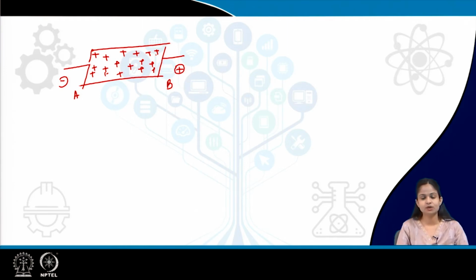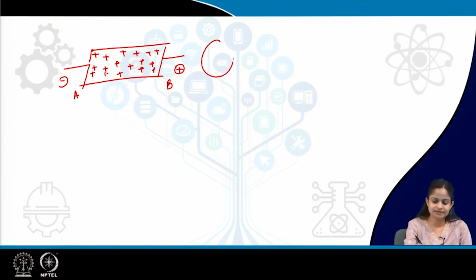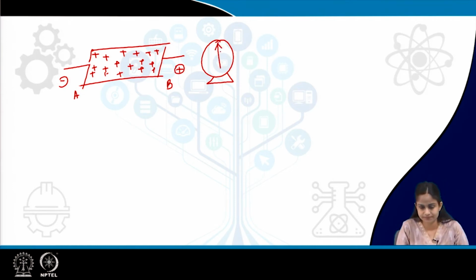That means this myocardial cell is completely depolarized, which means from A to B again there is no net flow of charges. This is the same situation as during the resting membrane potential. The only difference was there was electronegativity inside and here it is electropositivity. So, when the cell gets completely depolarized and there is no net flow of charges, again there will be no deflection picked up by the galvanometer.